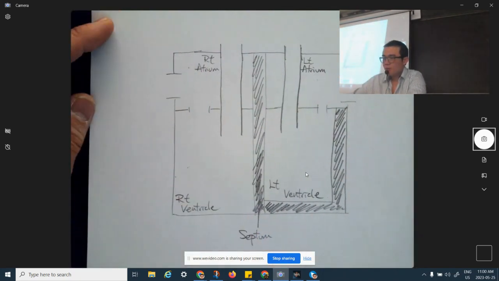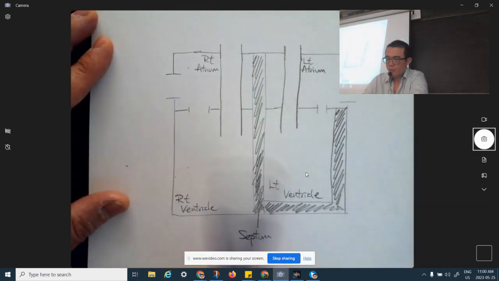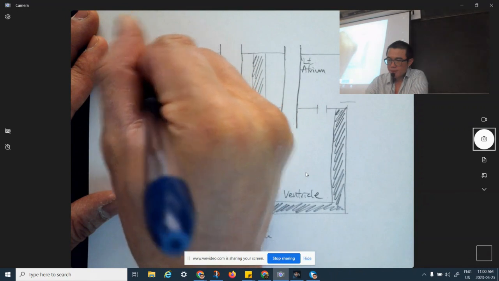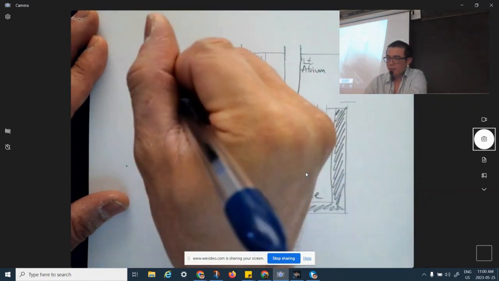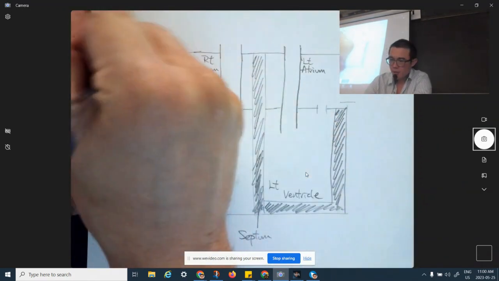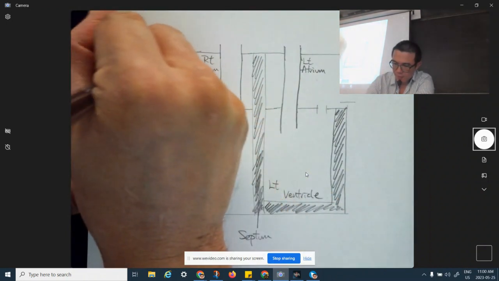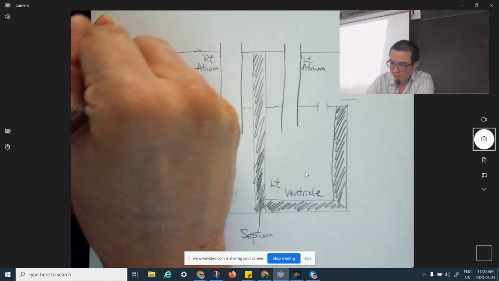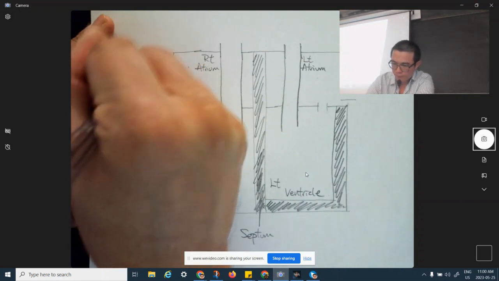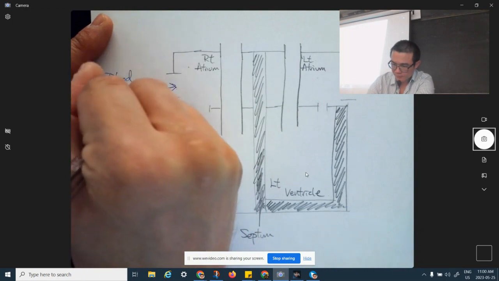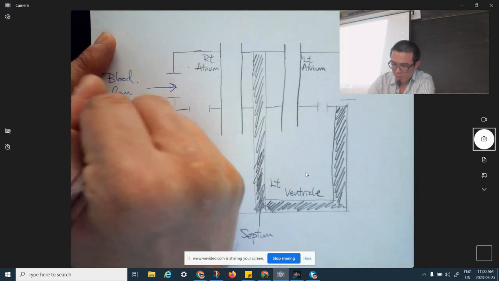On the right side of the heart, up here, you have deoxygenated blood coming back from the rest of the body.